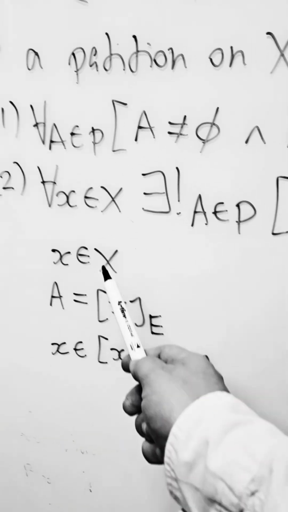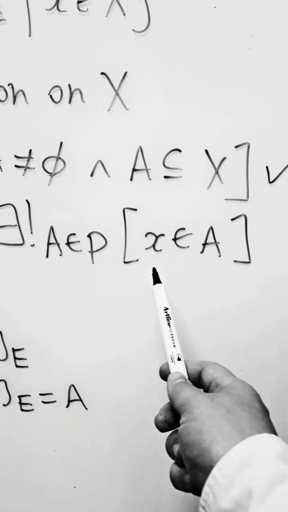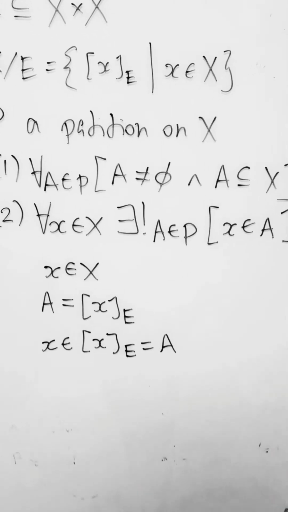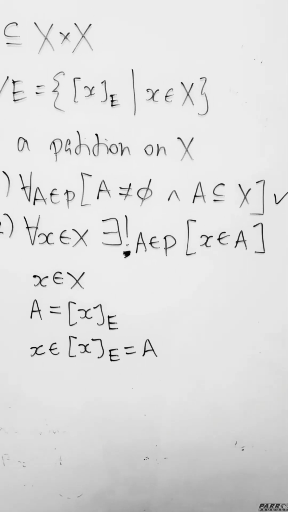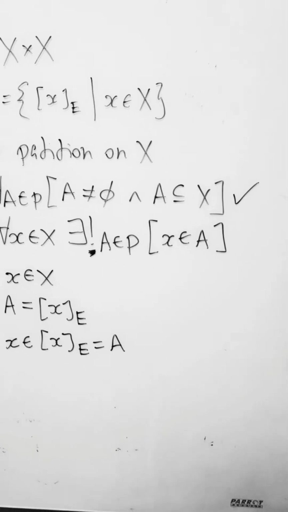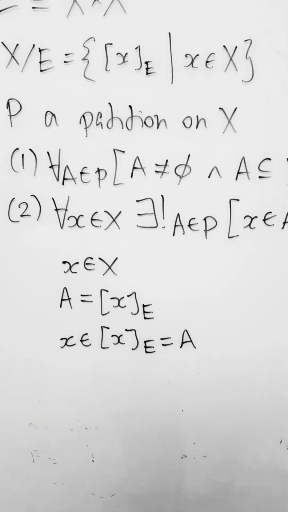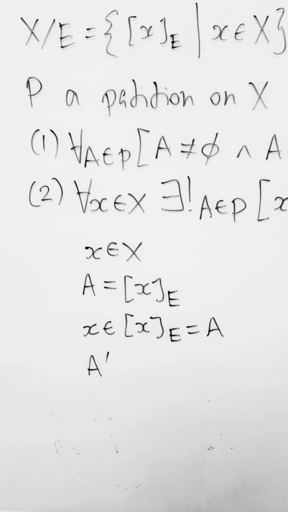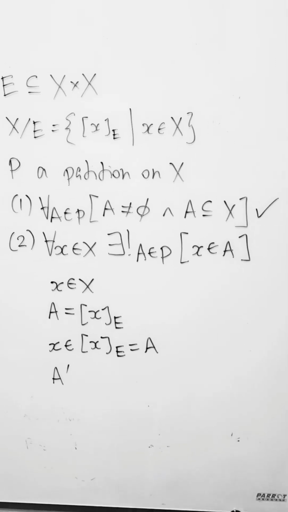So we found that for arbitrary x, we can indeed find an A having this property that x is in A. But that's not enough. The exclamation mark here indicates that such A must be exactly one. In other words, there can't be two of them. So let's suppose we have potentially two such A's, call them A and A prime. The first A we already have, it is the equivalence class of x.